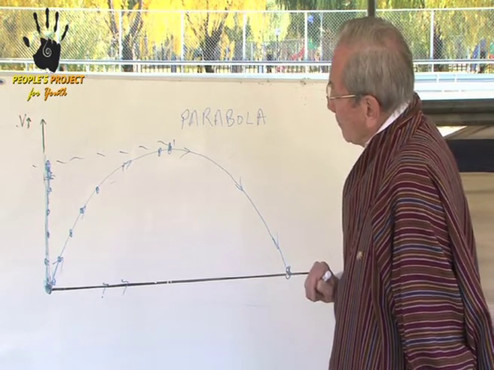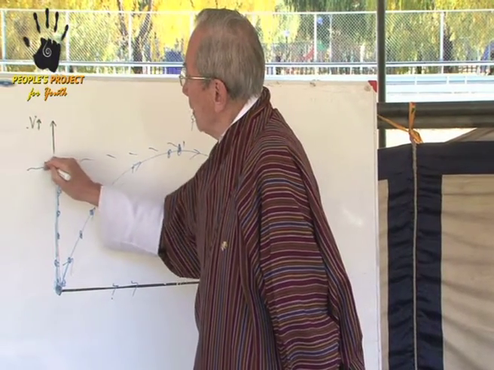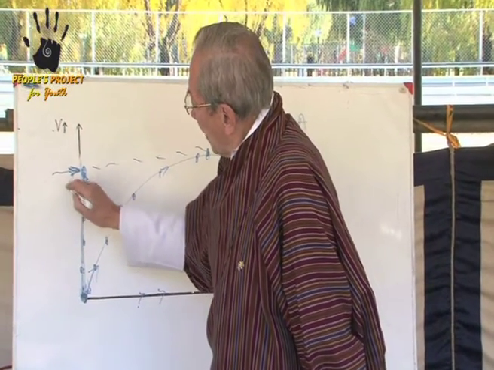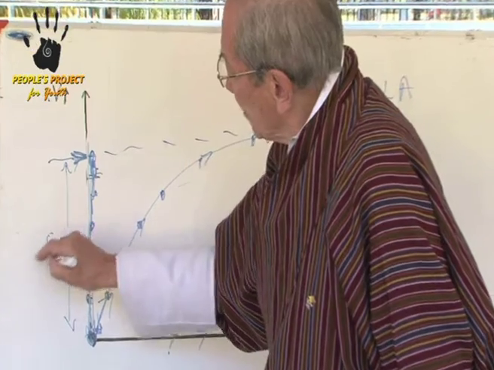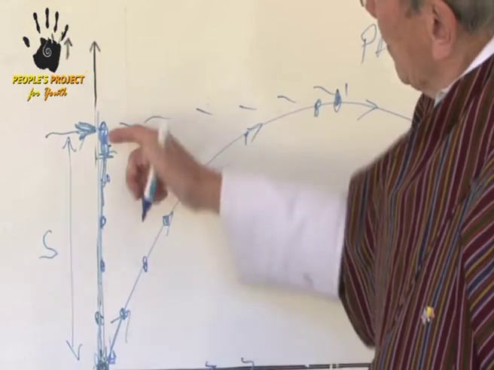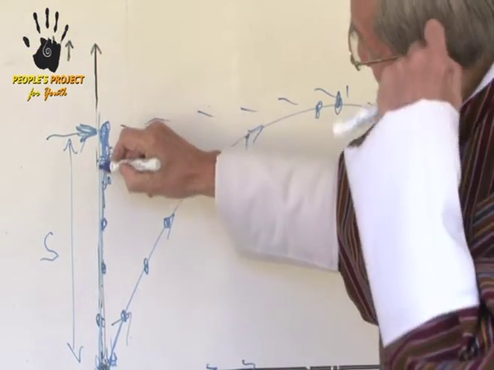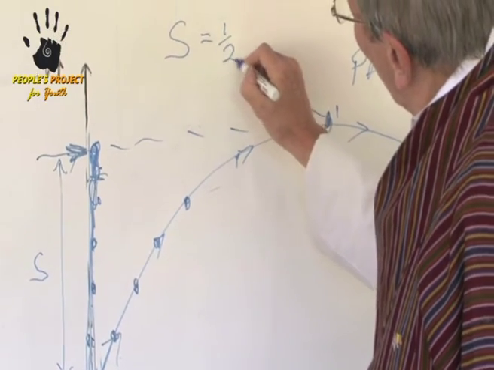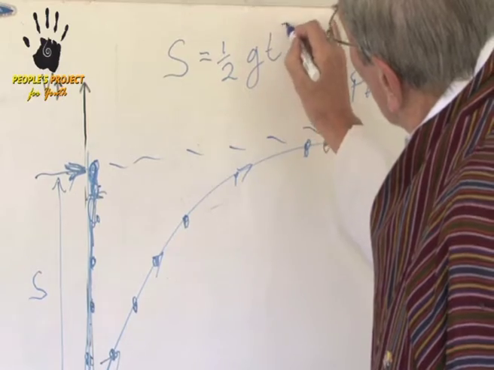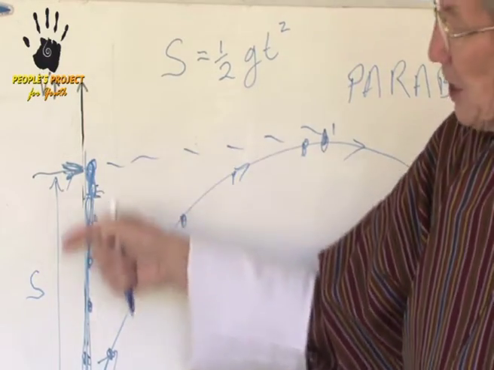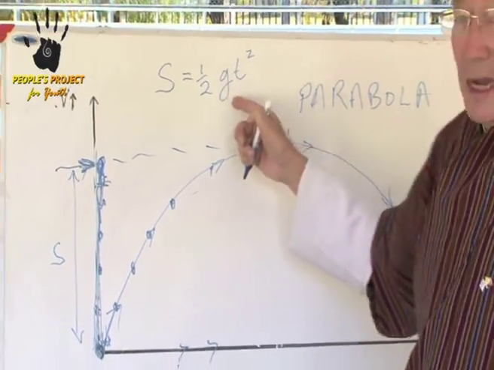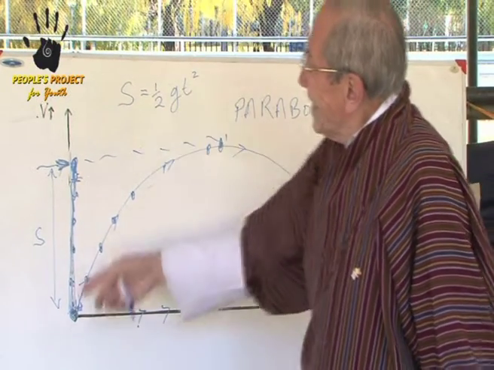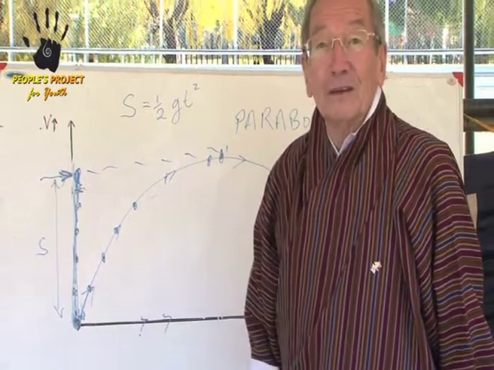So, if we think about what we have learned in school about the laws of motion, we know that if that height is s, the time taken for a ball to fall freely under gravity a distance of s is given by the formula s equals a half g t squared, where s is the distance it falls, g is the acceleration due to gravity, 9.8 meters per second squared, and t is the time taken for the ball to fall.